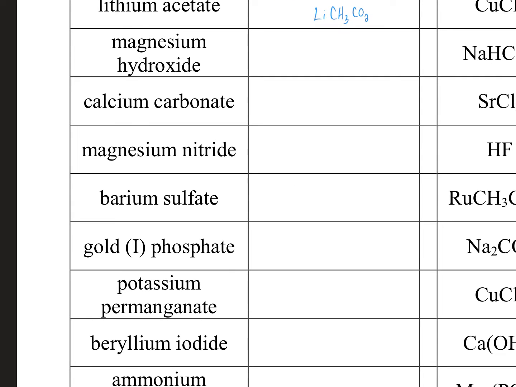Next we have magnesium hydroxide. Magnesium is Mg2+. Hydroxide is OH-. Keep in mind when we have multiples of a polyatomic ion, we need to put parentheses around those. So this becomes Mg(OH)2.